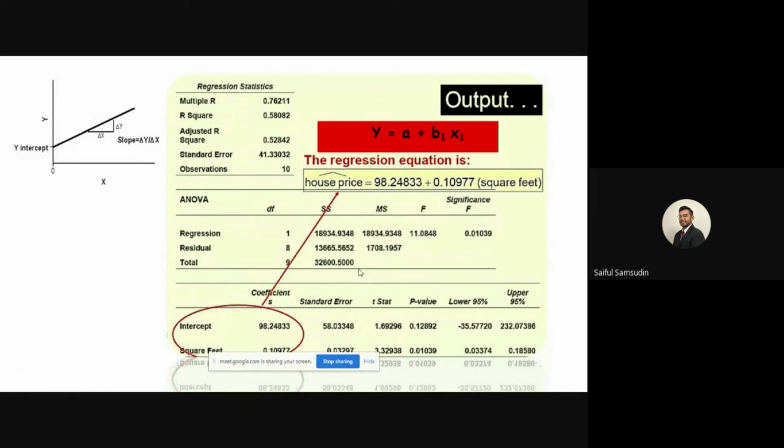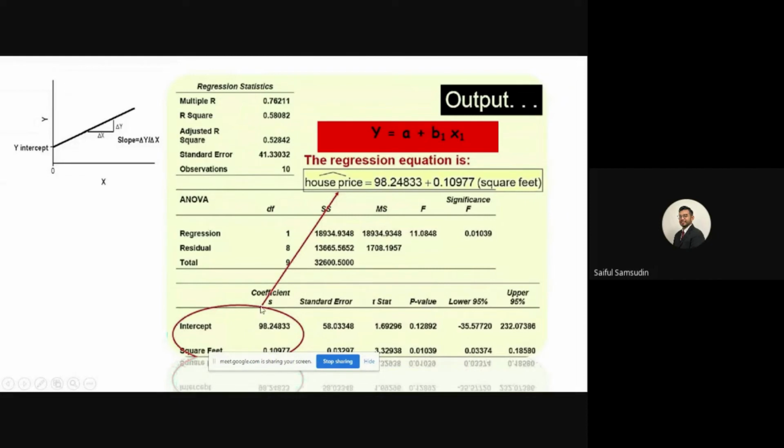So how can we create, we want to make this result as our regression model. So you see here, y equals a plus b1 x1. So the house price as y, because we put it as the dependent variable, and then a is the intercept between x and y.